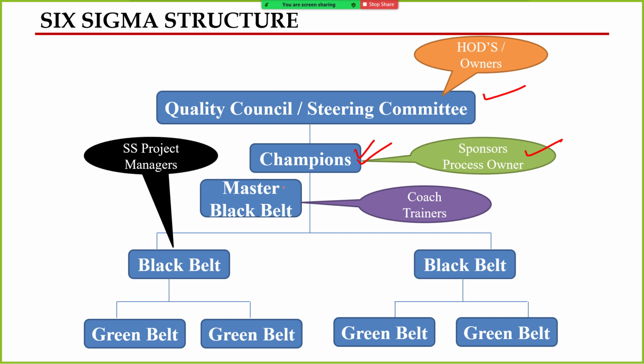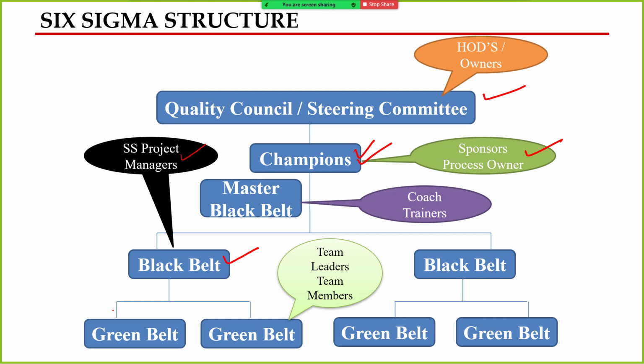The main person heading the Six Sigma project is the person having the black belt. He is acting as a project manager. In a Six Sigma project, we have a Six Sigma team, which may have green belt persons, or even below the green belt we have the yellow belt as well.